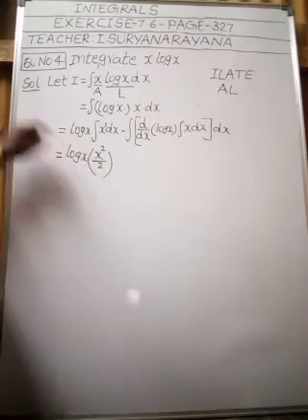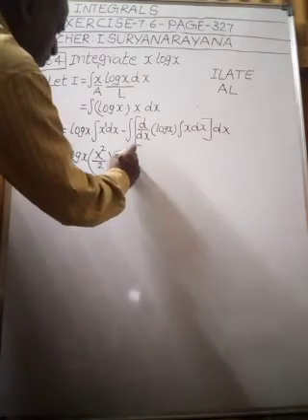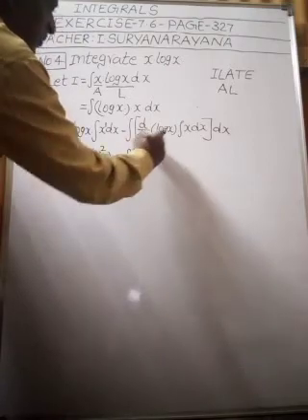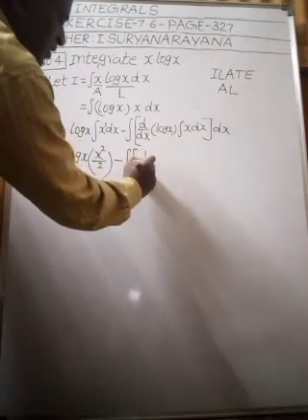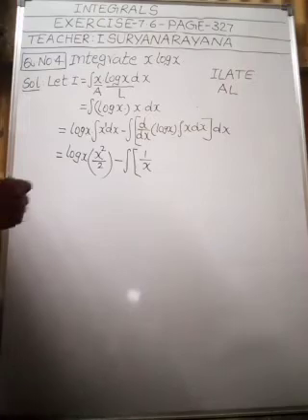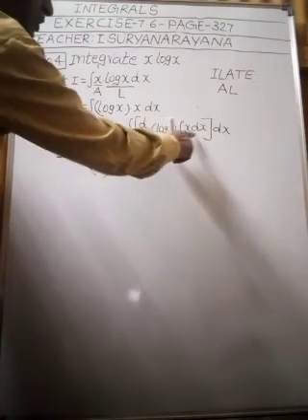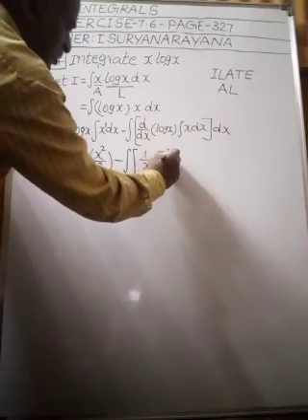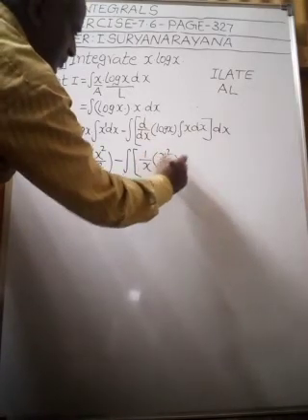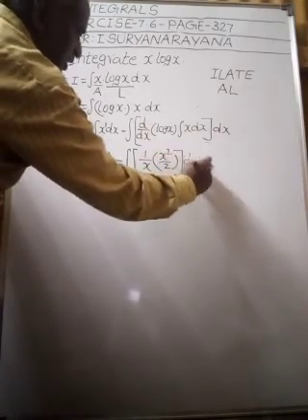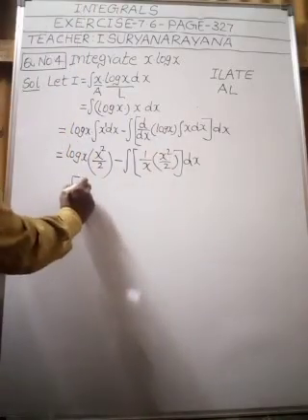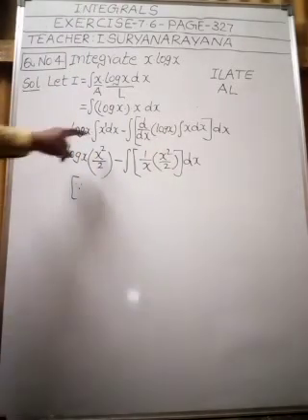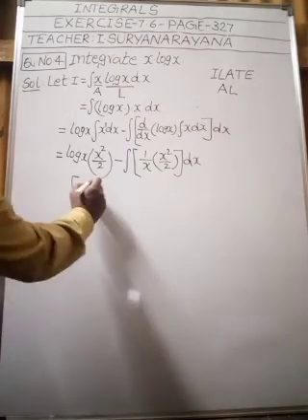Okay, my children? Right. Minus integral of d by dx of log x. What is the value of d by dx of log x? 1 by x, into integral x dx, which we have already found here. What is that formula? x square by 2, whole dx. What is the formula we used here to evaluate this integration?